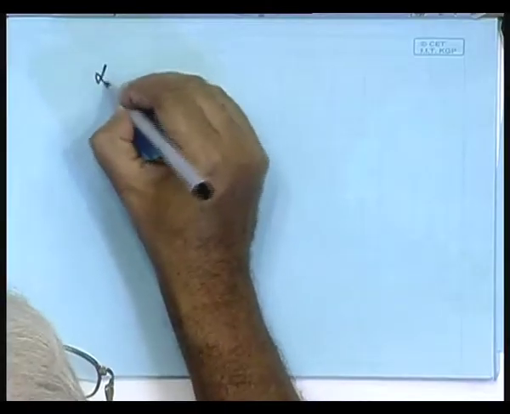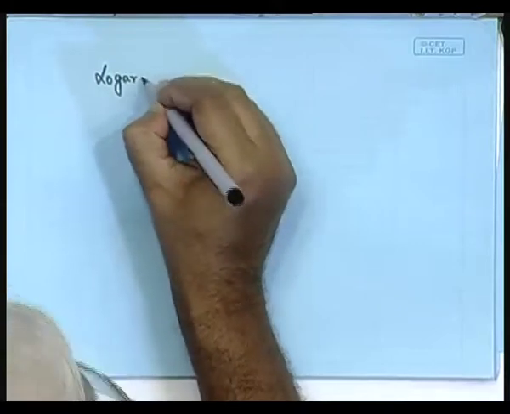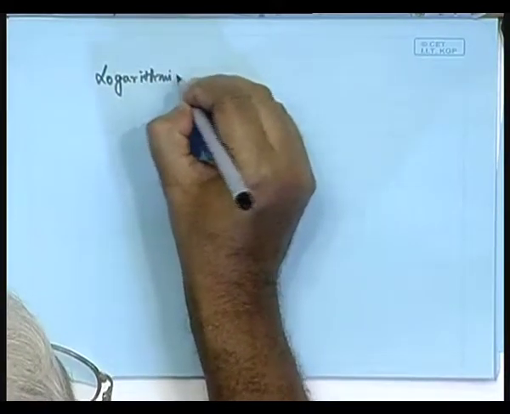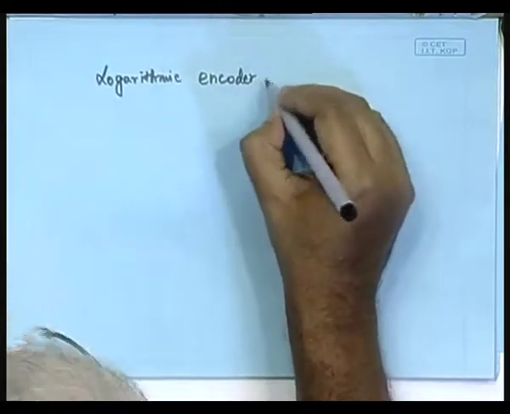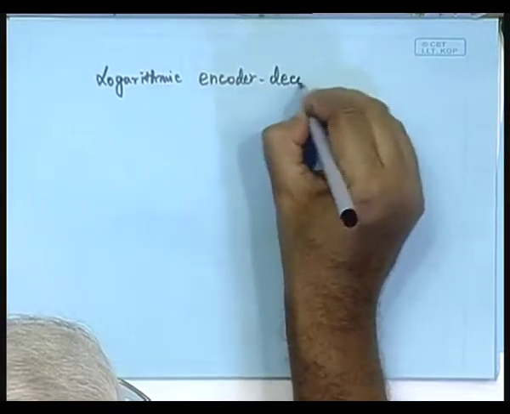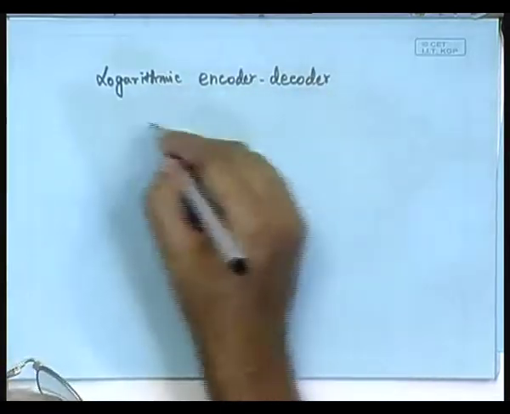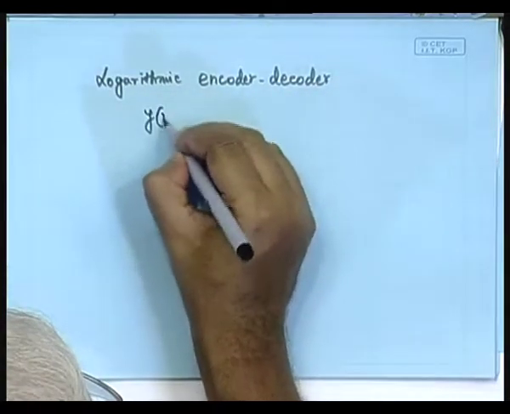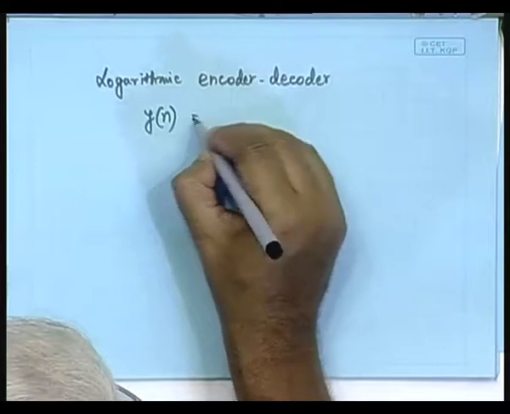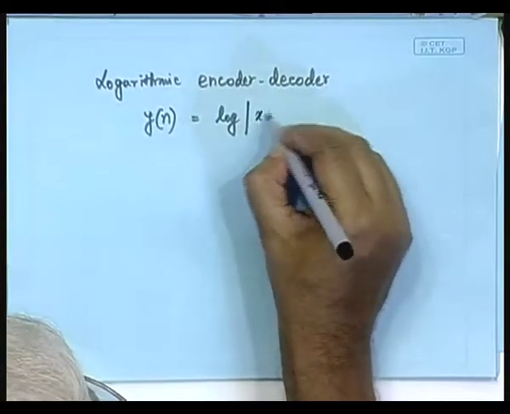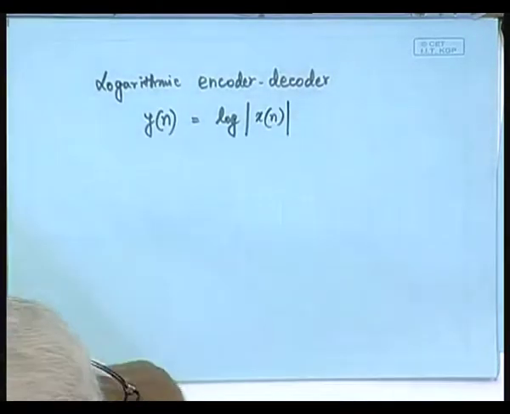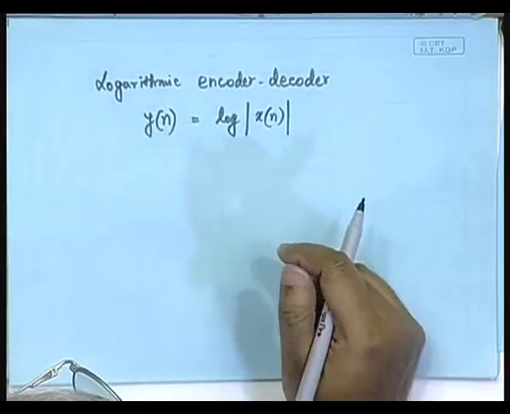So, how do we have the logarithmic encoder and the decoder? We have to consider the blocks like this: logarithmic encoder, decoder, and they will be using a transformation which is given by y[n] = log|x[n]|. So, we have to realize this, and how do we realize that?